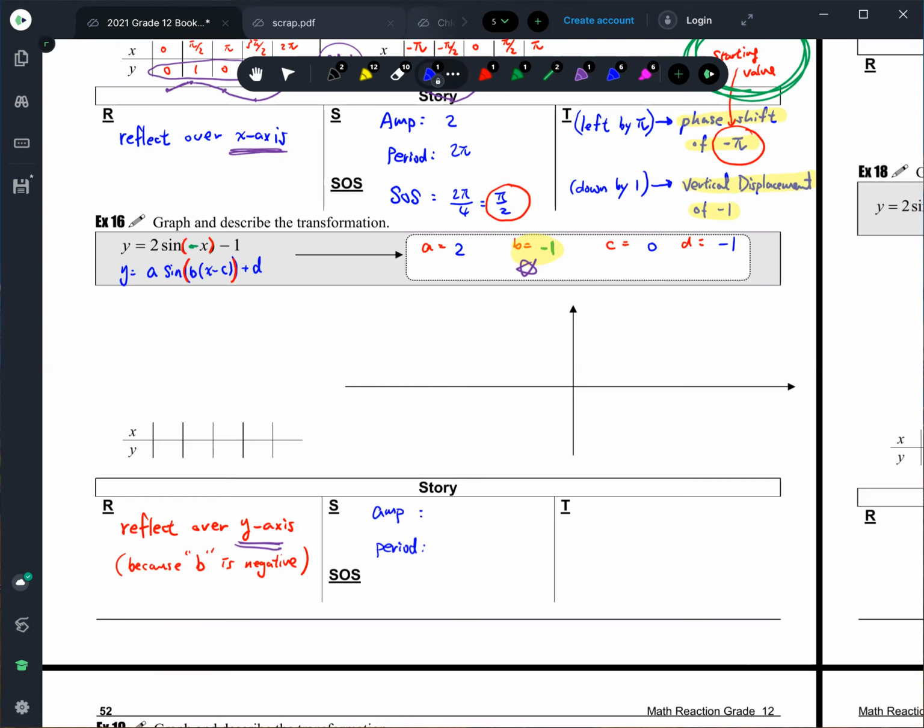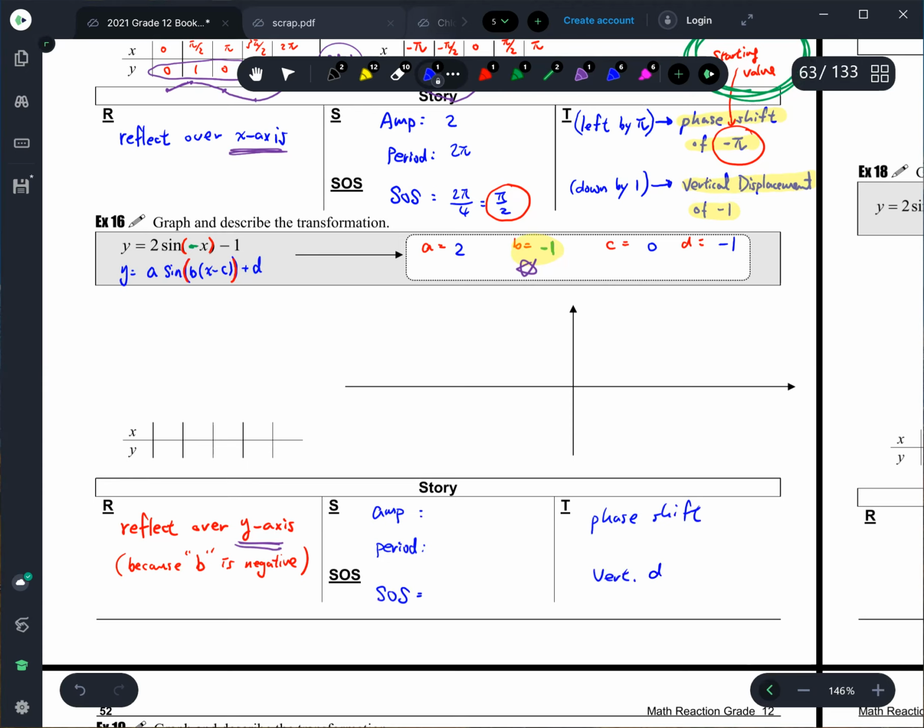But each question, we make sure you understand thoroughly, right? Okay, please raise your hand if you finish your S and T.